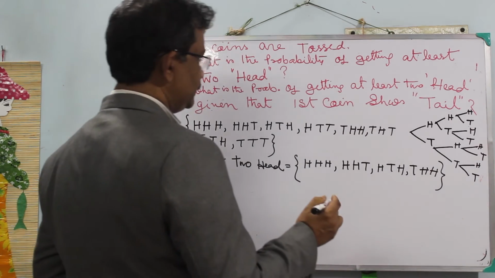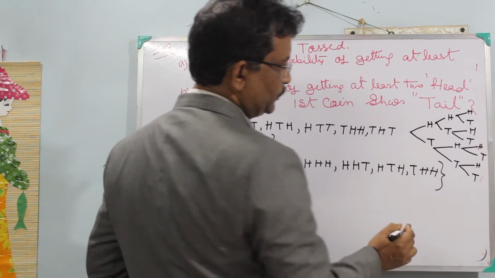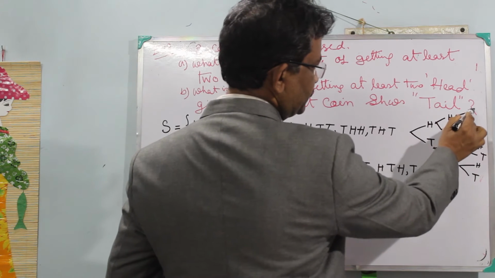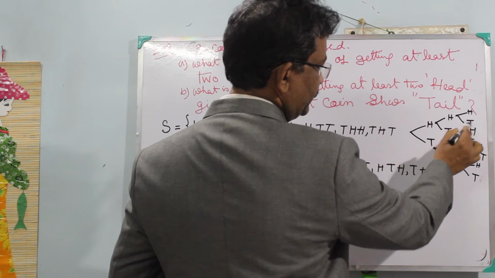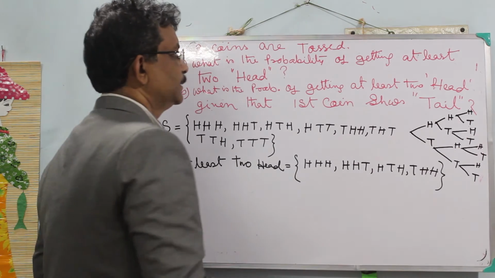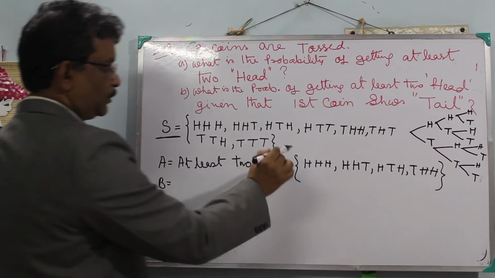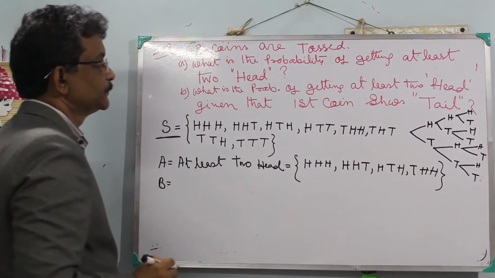And I have listed these 8 outcomes by making a tree. So you will get HHH, head, head, tail, like this. There are 8 possible outcomes. I have listed in a sample space all the 8 elements.